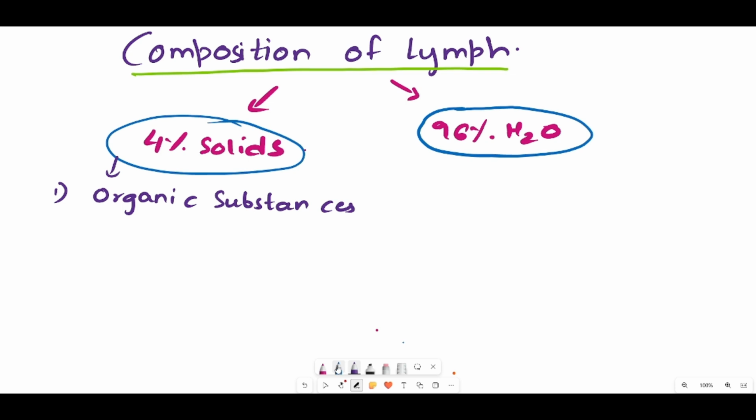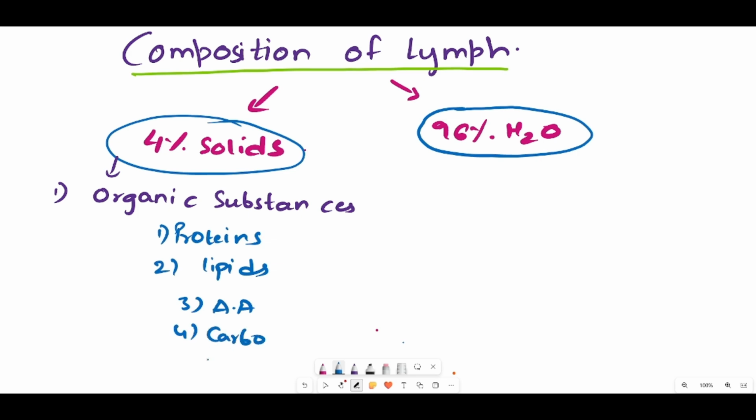These organic substances are again divided into proteins, second lipids, third amino acids, fourth carbohydrates, and fifth non-protein nitrogenous substances.